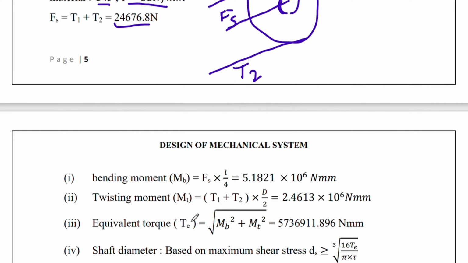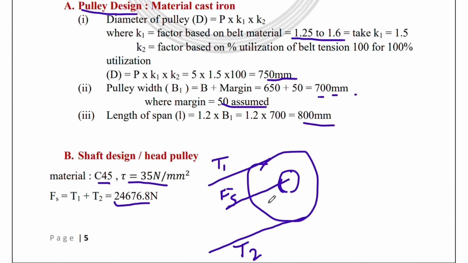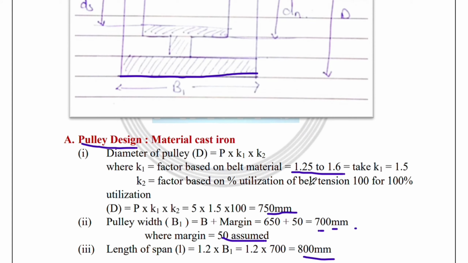Next is twisting moment. Twisting moment is T1 plus T2 into D by 2. T1 and T2 values we got in step number 4, and this capital D we got from here, which is diameter of pulley, 750 mm.